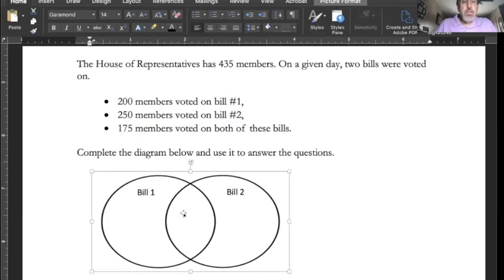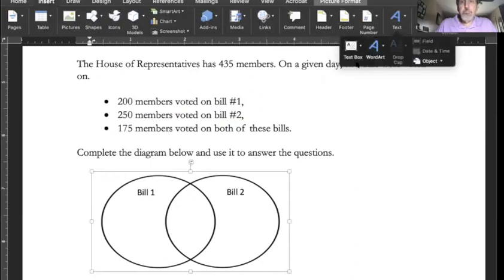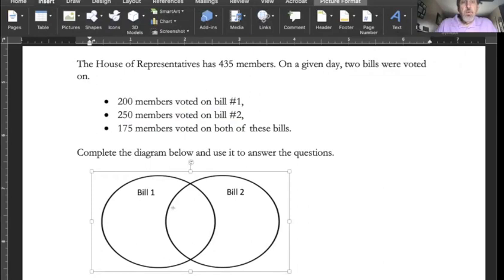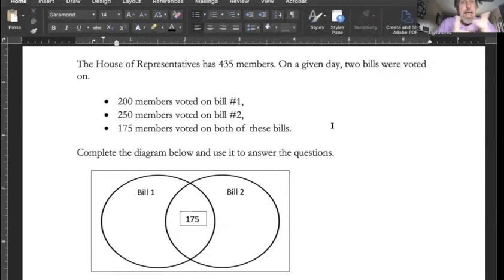So I'm going to insert a text box there and write in it. The people who voted on both bills are in here, and there are 175 people who voted on both bills. Hopefully that makes sense.